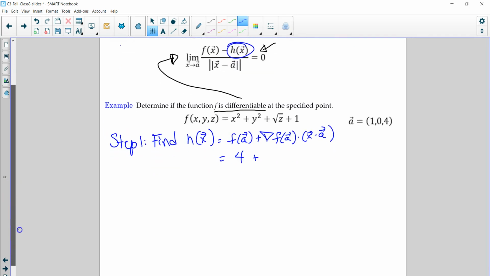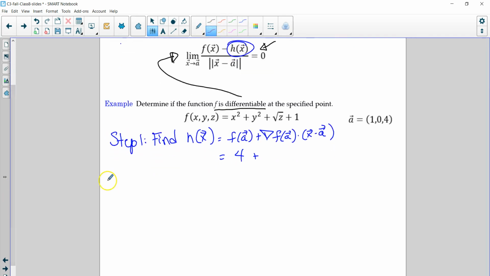Let's do some side work and figure out what that is. The gradient of f here should just be, and I'm going to write this as a vector, 2x, 2y, and then 1/2 z to the minus half.